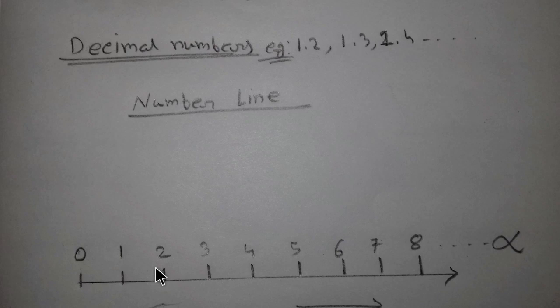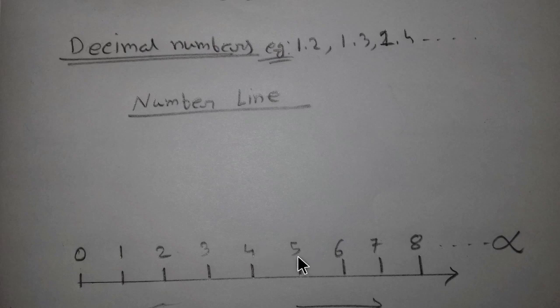When you move to the right hand side of the number line, the value of the number will increase, and if you move to the left hand side from any number on this number line, the value of the number will decrease. If I take any number on the number line, say 4, and if I move to the right hand side, I will find 5.